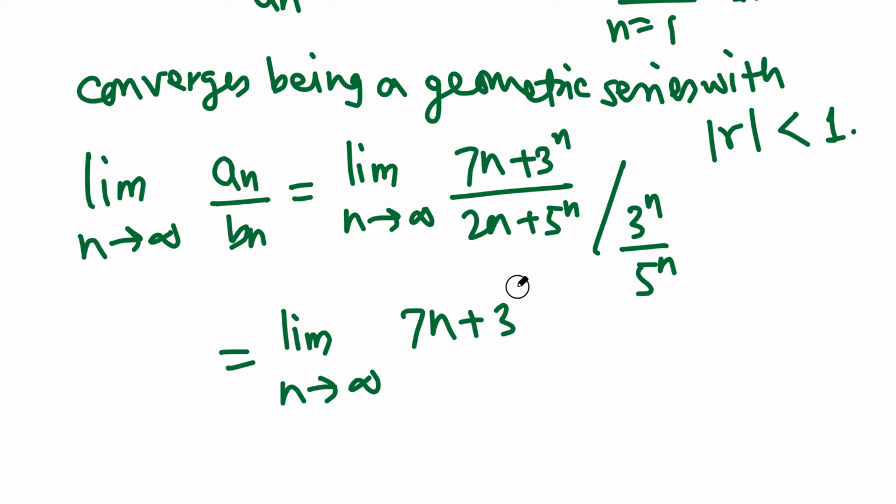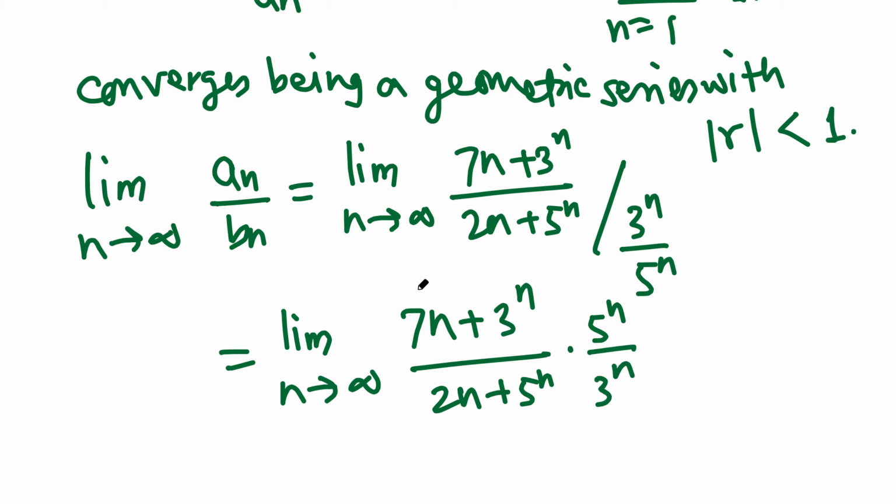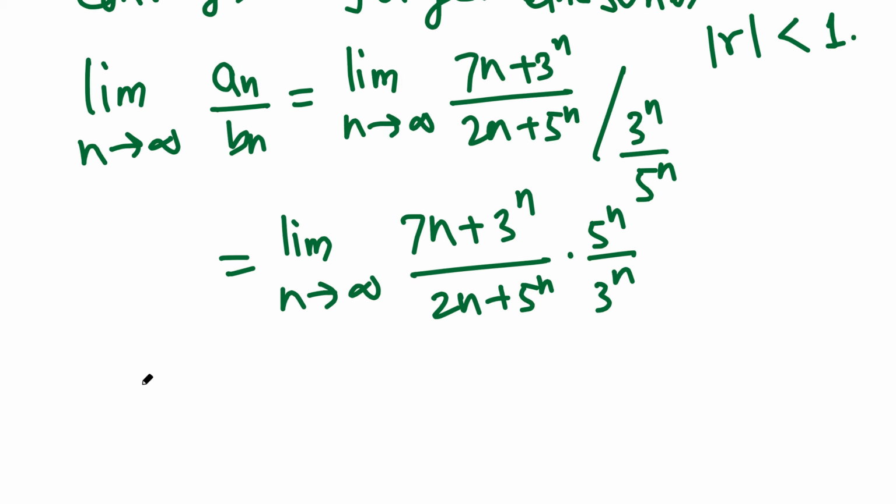(7^n + 3^n) over (2^n + 5^n), division into multiplication. We need to flip this fraction over, 5^n over 3^n. Now we need to distribute on the top and on the bottom. But this is a limit at infinity, when n goes to infinity, and we know that the limit at infinity depends on the leading terms only.